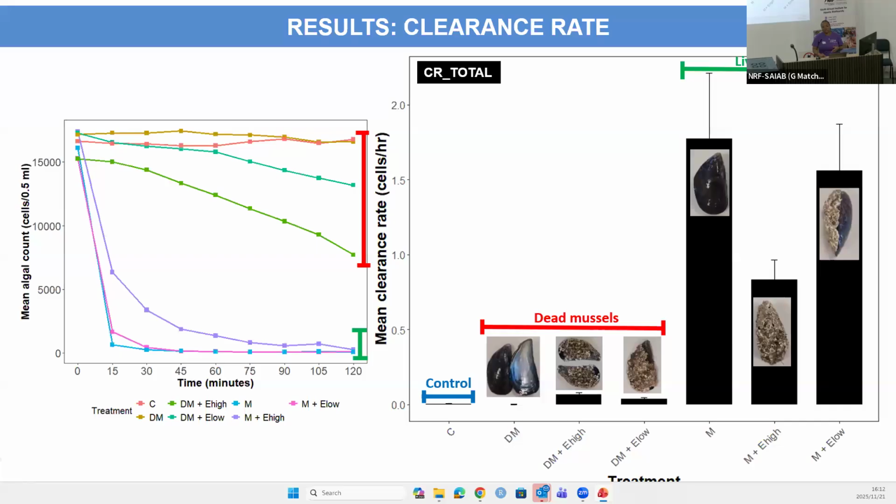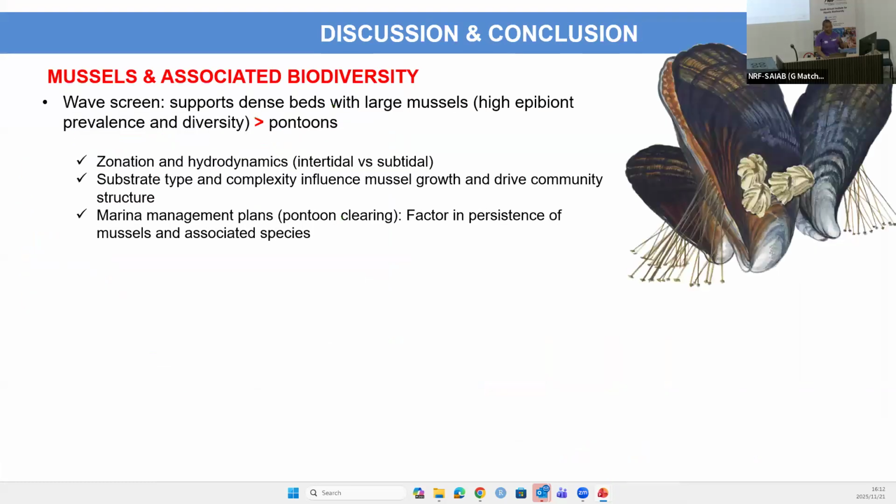The feeding does not stop, but there's just a reduction in the feeding rates of the mussels. And all the dead ones, they're also functional, not as filter feeders, but as secondary habitats for other species such as the barnacles, which are also filtering. So you can see some type of filtering still happening within the treatment where the mussels are dead. And of course, there's no feeding in the controls.